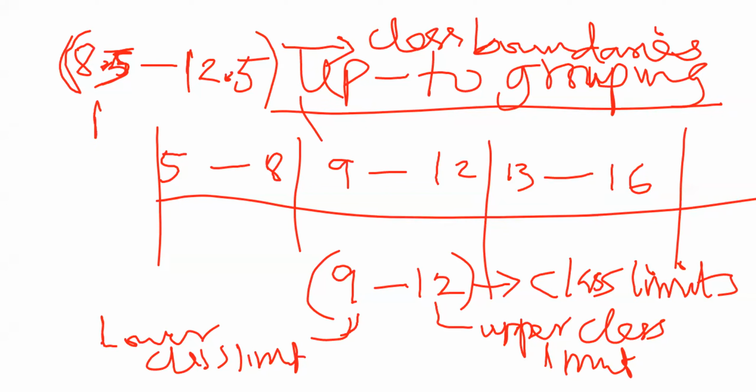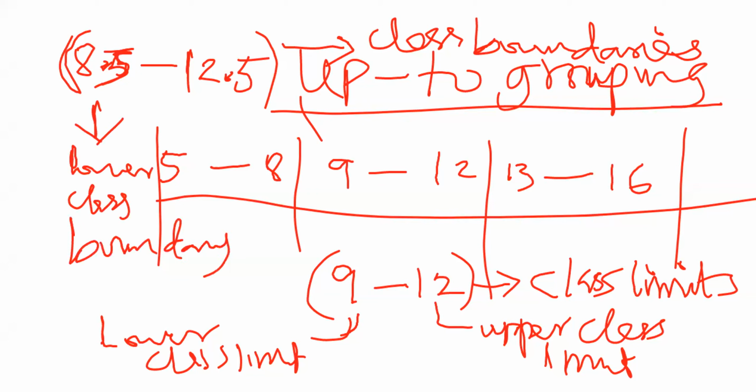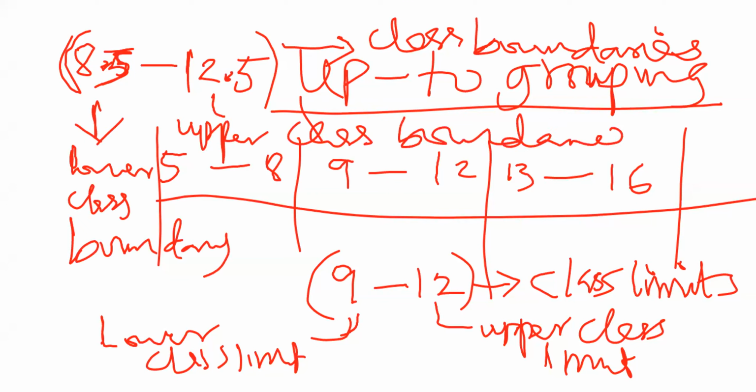So this 8.5 will now be the lower class boundary, while this other one will be the upper class boundary. That is a simple analysis of different types of groupings. There are only two.